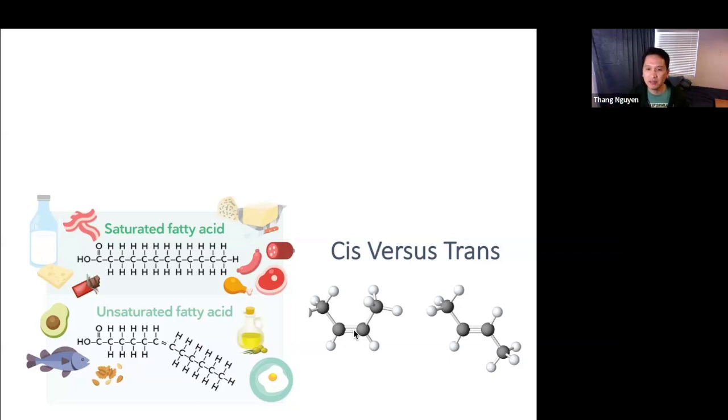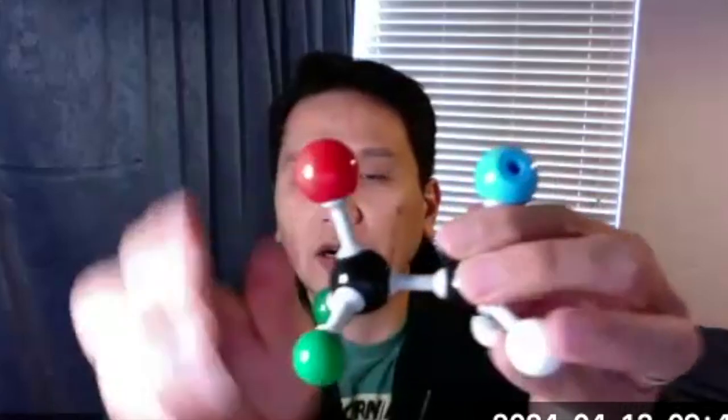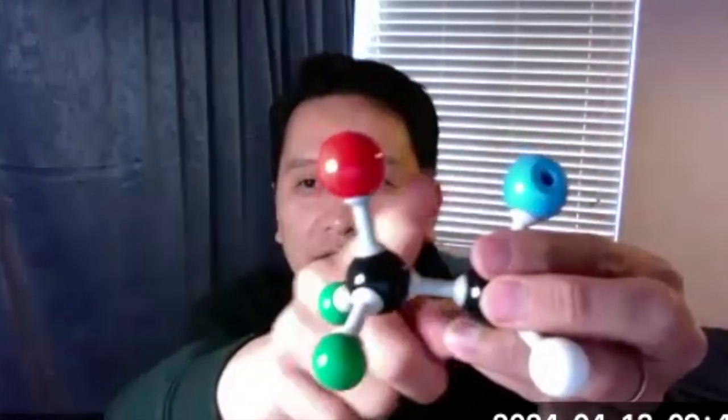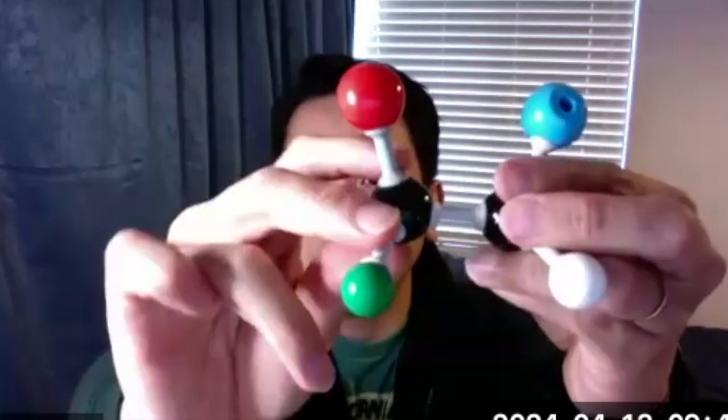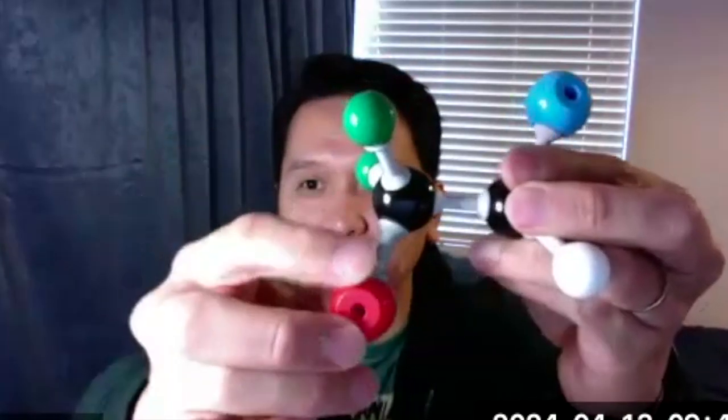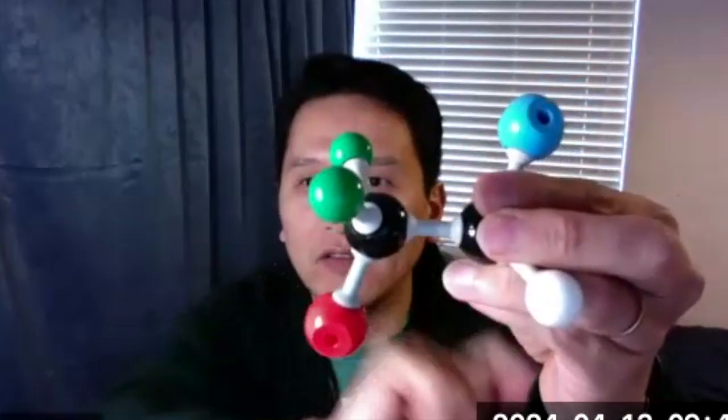Whereas in a double bond, because it's doubly bonded, it cannot rotate anymore. Now I have very different colors. So let's have a blue ball here and a red ball here, right? They are in the same phase with each other, but this is a single bond, which means it's free to rotate. See how the red now is far away from the blue? So we can call that, quote unquote, trans, right? So that's in a single bond.